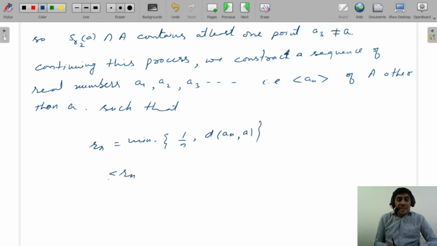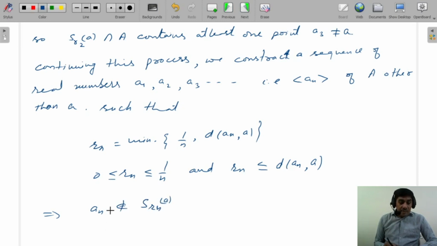So r_n is greater than 0, less than or equal to 1 by n, and r_n is less than or equal to the distance between a_n and a. This implies a_n does not belong to the sphere centered at a with radius r_n.